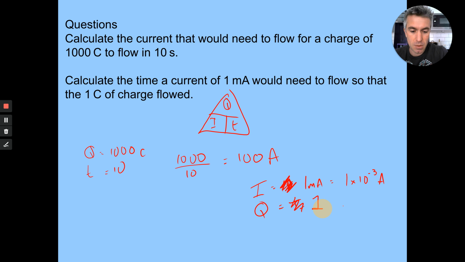So time is 1 divided by 1 times 10 to the minus 3, which is a bit trickier. So you put it in your calculator. Do you know how to do standard form in a calculator? Your calculator should have this button here, EXP. Okay, so 1 divided by 1 EXP minus 3, and that gives you 1,000 seconds. Cool. Next one.